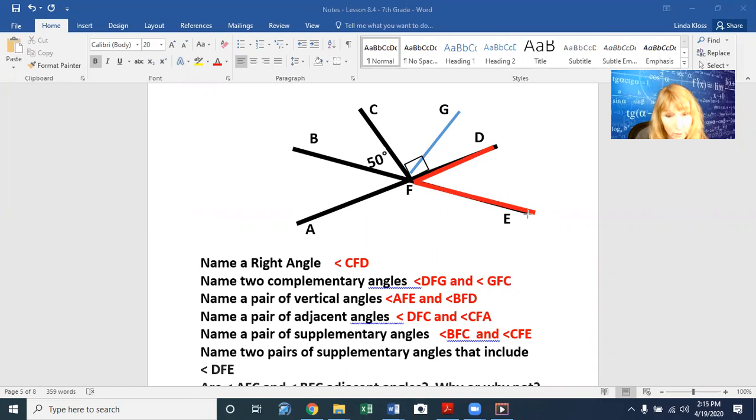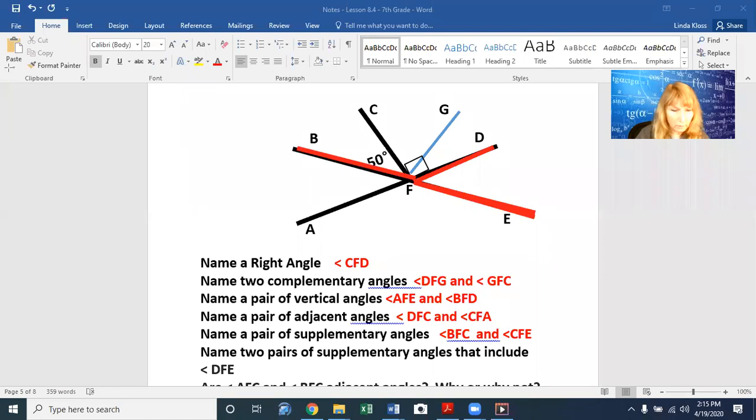Well, what other angle goes with DFE? Well, AFE, right? That will equal 180 because you've got the line here. So that one we know. And we also know that DFE is also supplementary to DFB, which is what we were just doing.